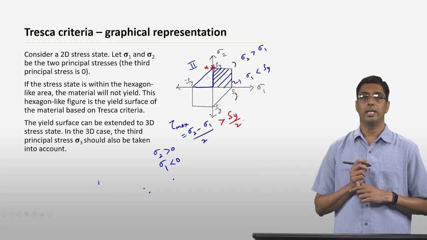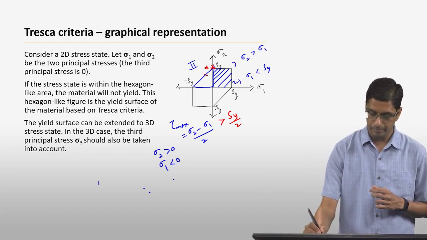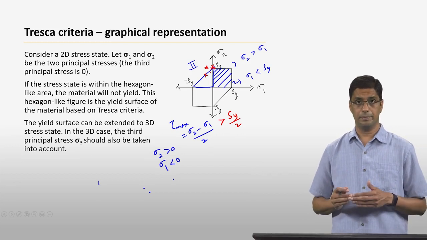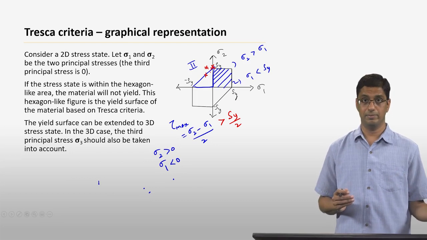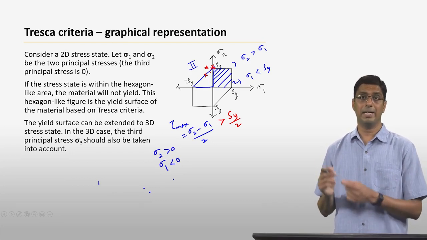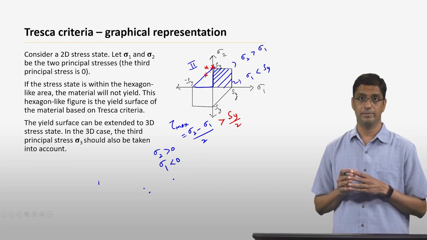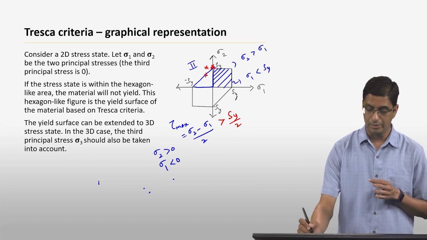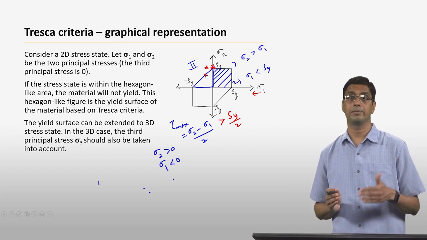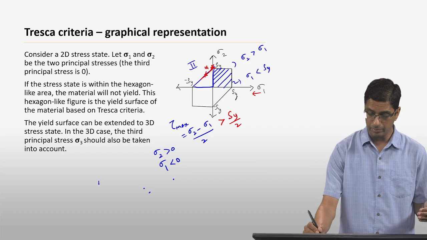Now, if you look at a point somewhere here, sigma 2 is lower, and then sigma 1 is more negative now. So that sigma 2 minus sigma 1 is going to be still equal to Sy. Essentially, if you start from here, then as sigma 1 becomes more and more negative, sigma 2 has to progressively come down.